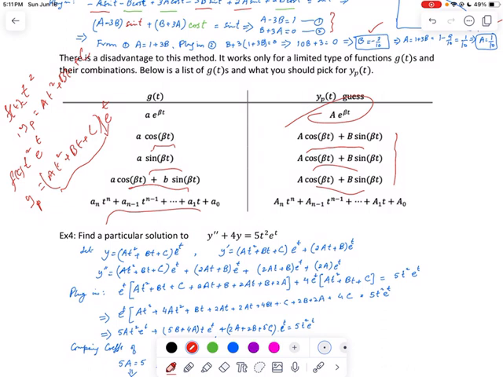The thing is, even if you put the constant, for example, if you said d e to the t, then what is happening now is you are creating extra work for yourself by putting another unknown thing to be determined.